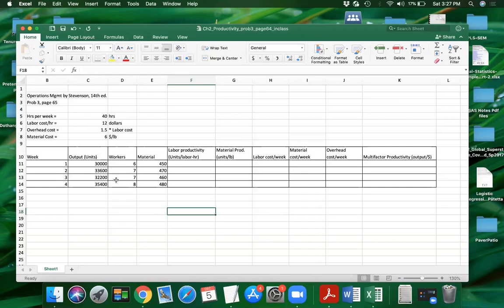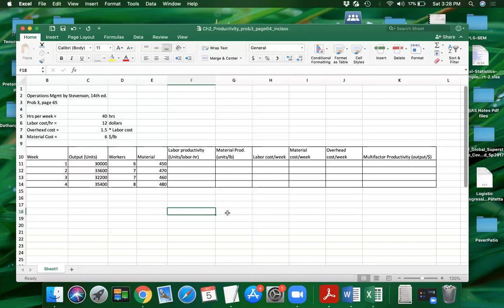Then we have the number of workers being used every week and the amount of material being used every week. That's the input we have been given, and based on this input we have to calculate multi-factor productivity as well as labor productivity and material productivity.